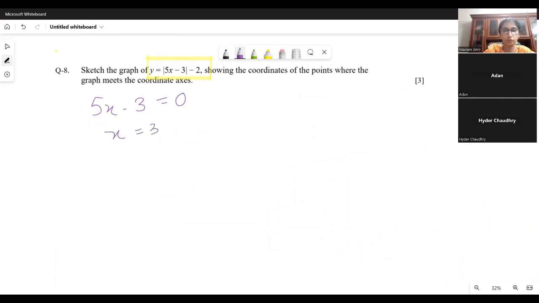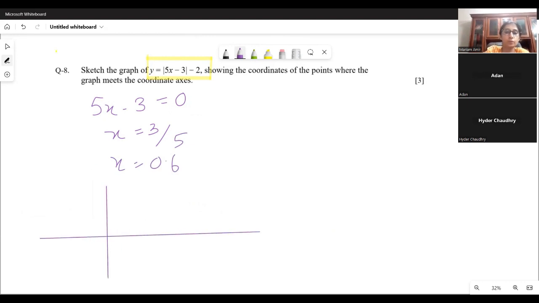So you get x equals 3 over 5, sorry, 3 by 5, which is 0.6. So the x coordinate of the turning point is 0.6. What about the y coordinate of the turning point?